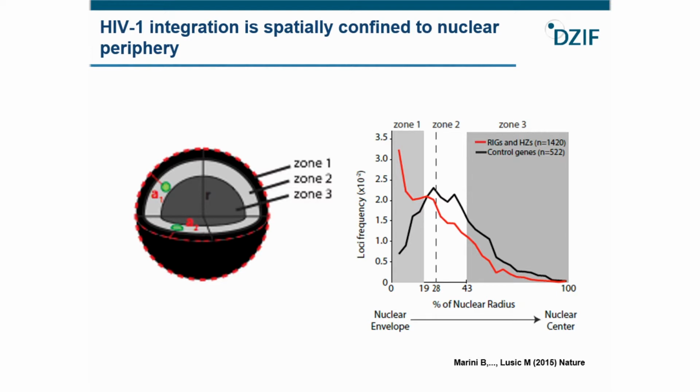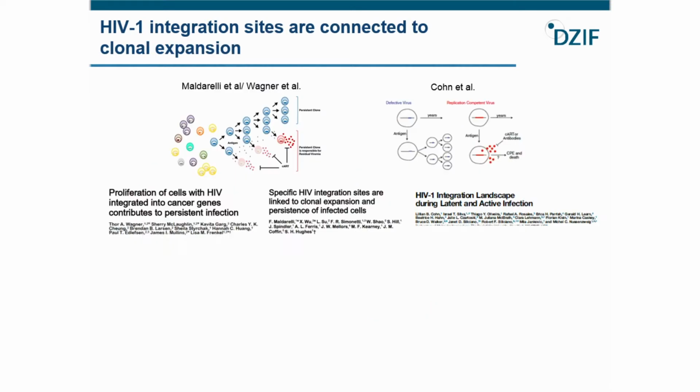So this was really interesting, but at the same time, a couple of publications came out, 2 in Science, 1 in Cell, in which a large number of patient data were analyzed, and then it has been proposed that HIV integration leads to clonal expansion, and that sites of integration have something to do with it.